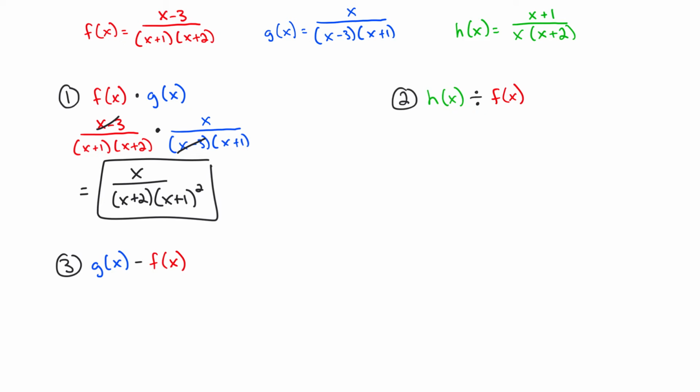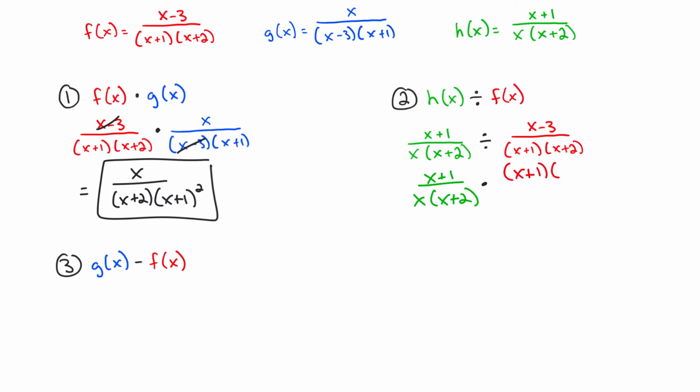Problem 2, I'm doing division. So I'm going to take the function h, which I have in green, and the function f, which I have in red, and I'm going to divide the green h by the red f. So that's going to be copy paste the green divided by copy and paste the red, which is the same thing as the green function x plus 1 over x times x plus 2 times the reciprocal of the red function, x plus 1 times x plus 2 all over x minus 3.